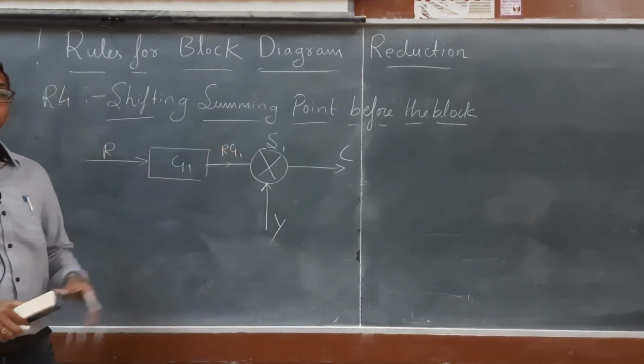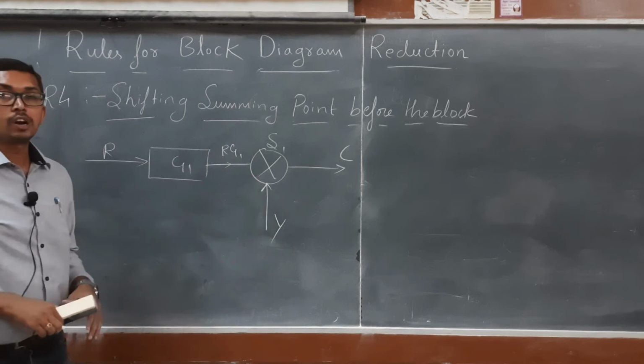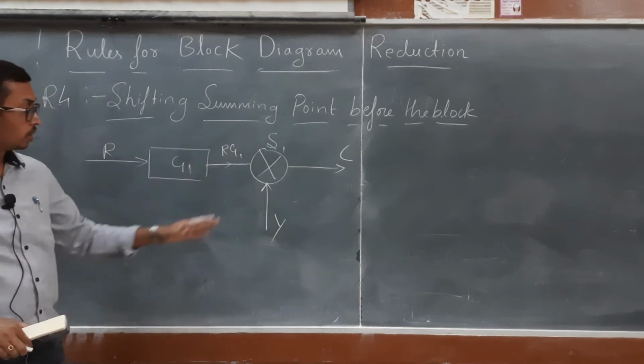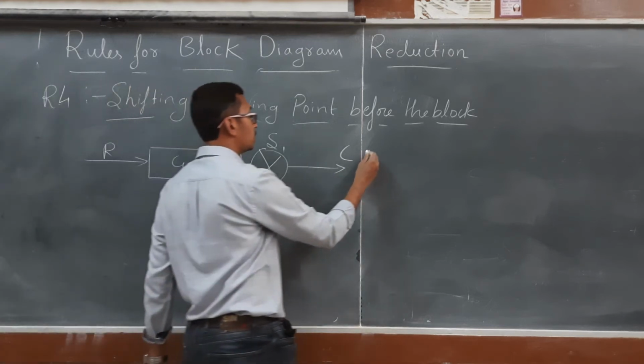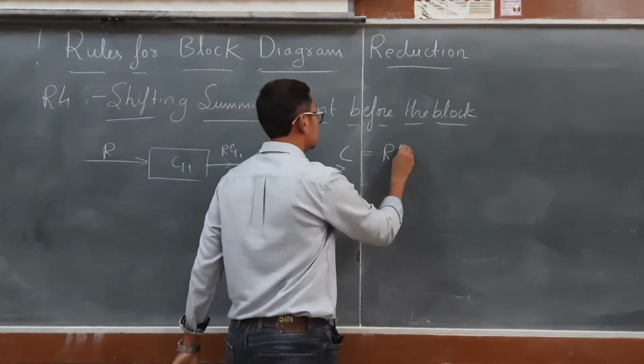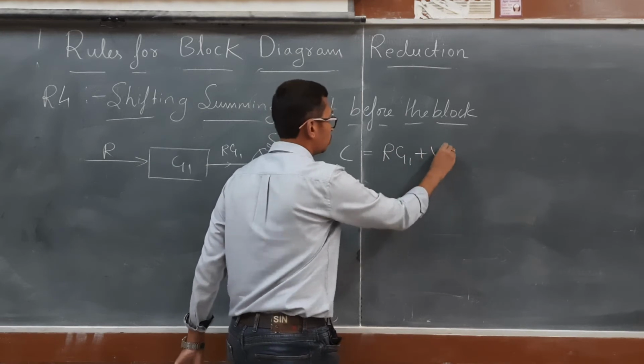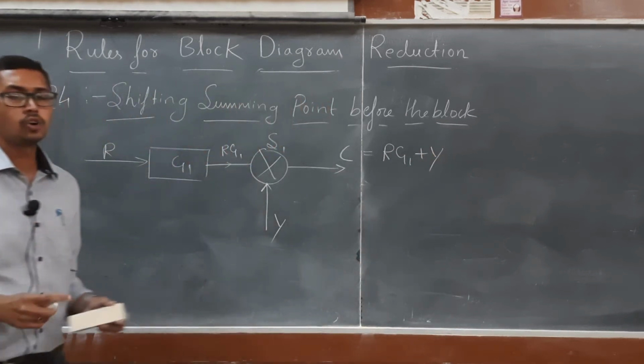That will be the input for summing point 1. We have another input of Y, so the output will be R G1 plus Y.